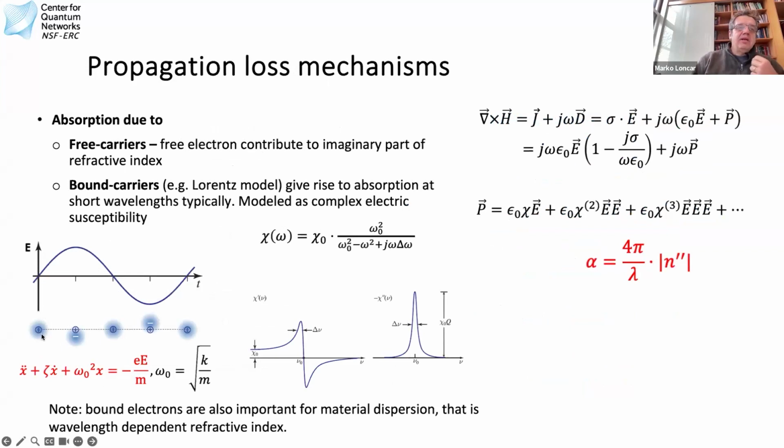In the simplest case, this is harmonic oscillation. You have some electric Coulomb force that acts on the electron cloud and drives it up and down. But this process also has some loss, which is captured phenomenologically by this first derivative of the displacement of the electron cloud. And this is, by the way, the so-called Lorentz model.